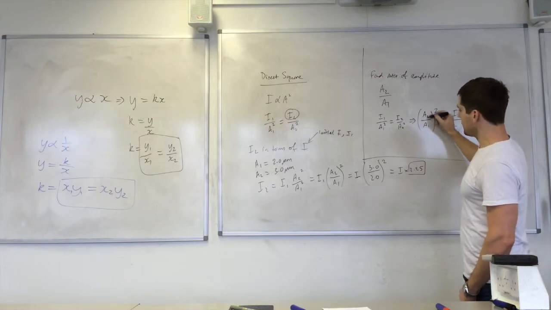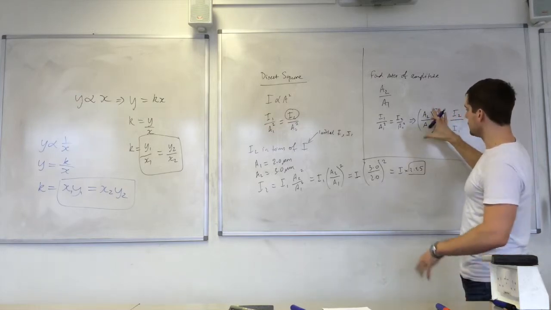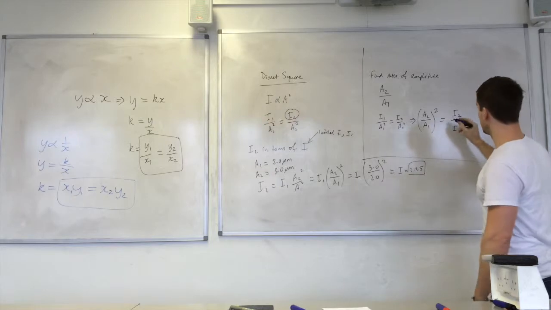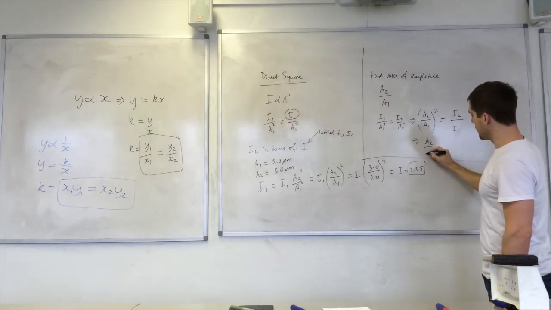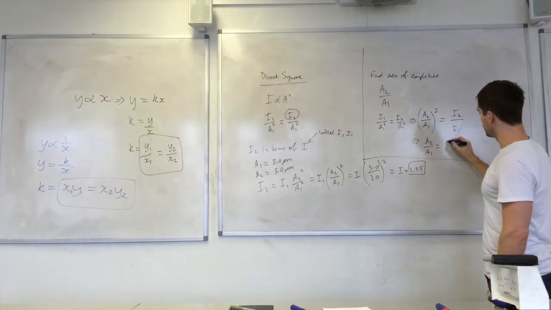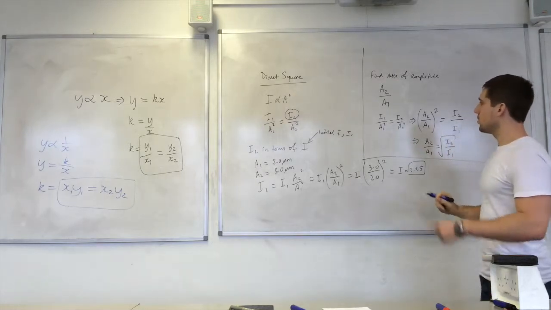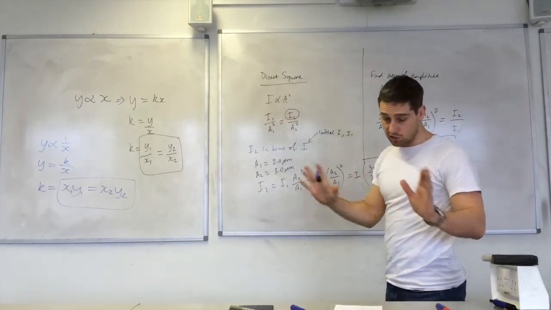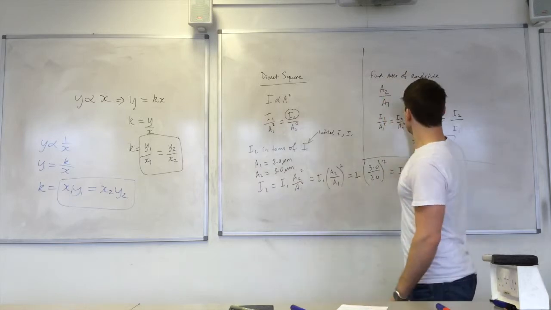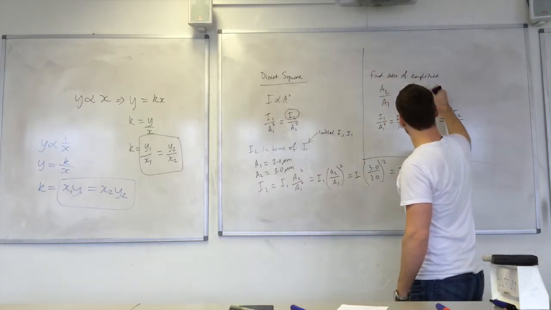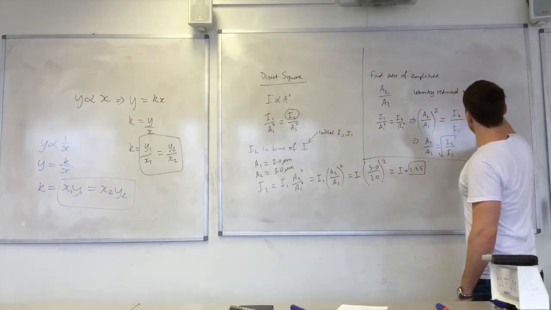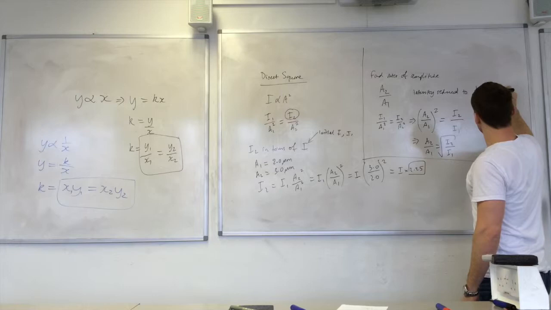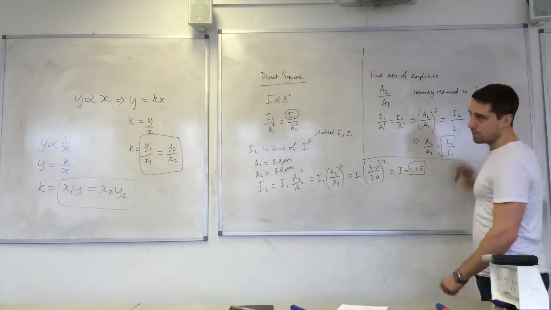Now this is what I'm interested in finding, this exact ratio. So I can use this to find the ratio directly. I just need to square root both sides. So I get A2 over A1 is equal to I2 over I1, all square rooted. The thing we were given in the question, and it's just one thing, was that the intensity is reduced to 1 over 9 of the initial value.